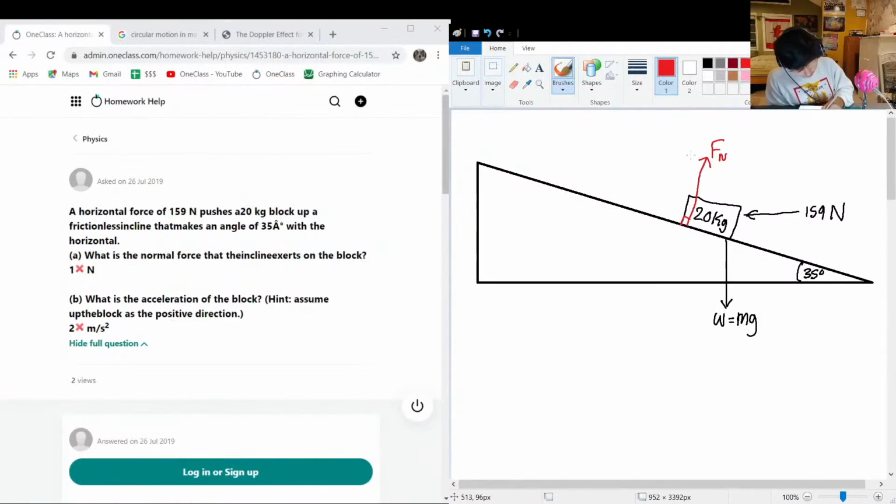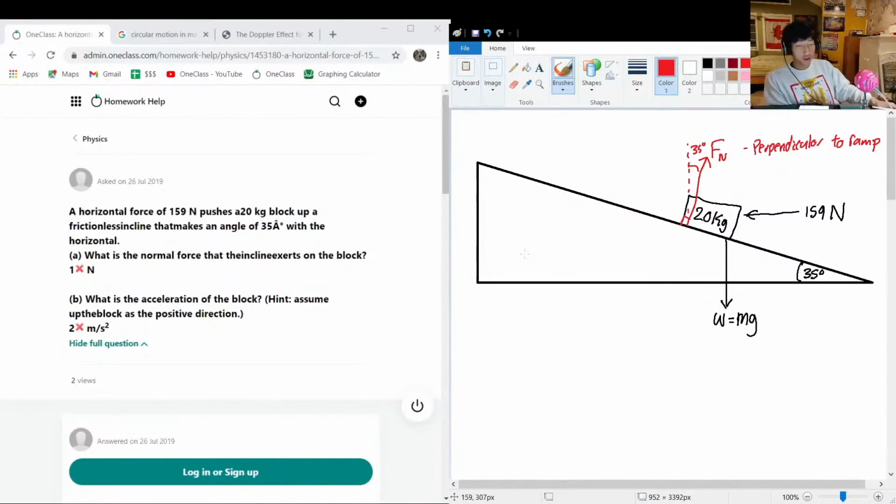So this is perpendicular to the ramp, which means it has a 35-degree angle from the vertical. So you see how the ramp has 35 degrees from the horizontal? Well, this one is 35 degrees from the vertical. That's kind of a rule if things are perpendicular.